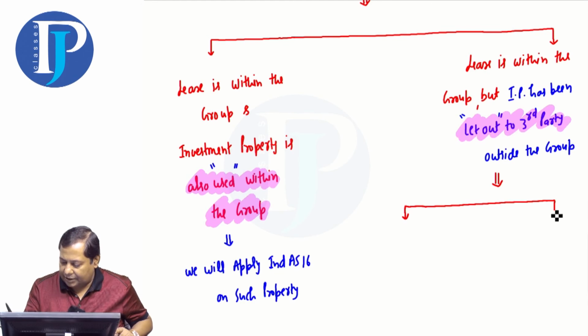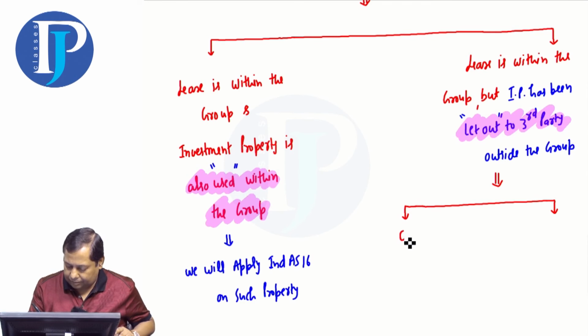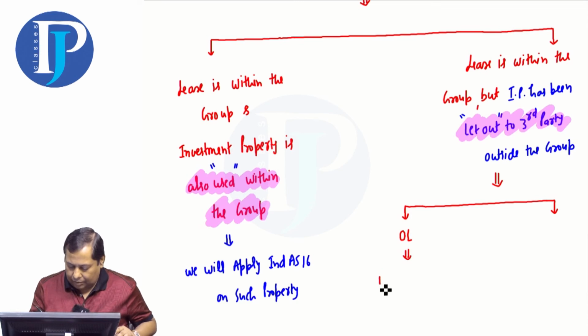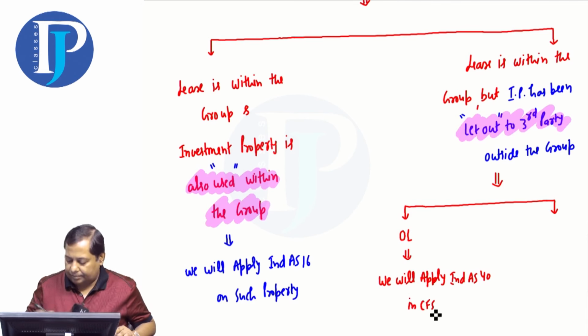If it's a case of operating lease, we will apply Ind AS 40 in CFS.